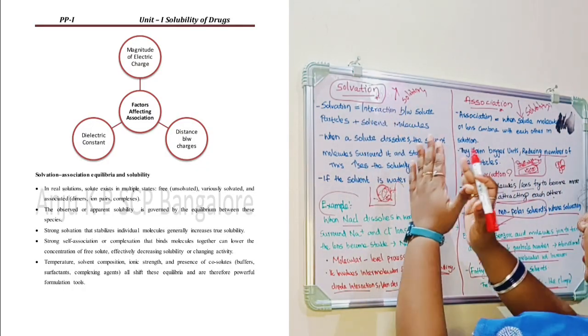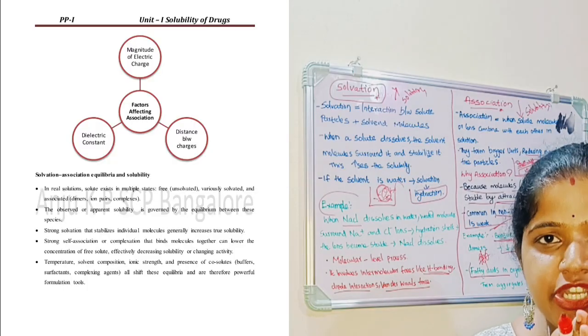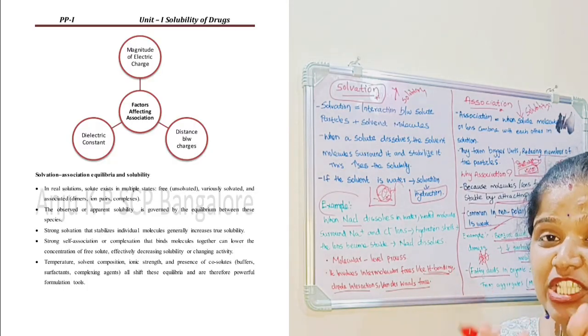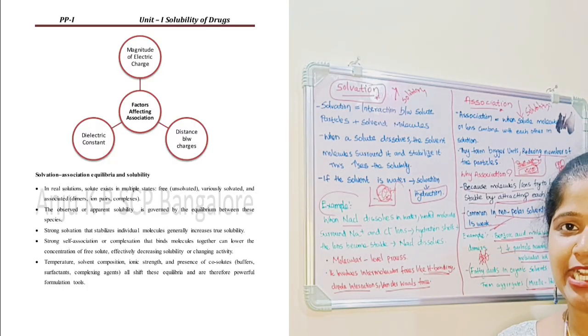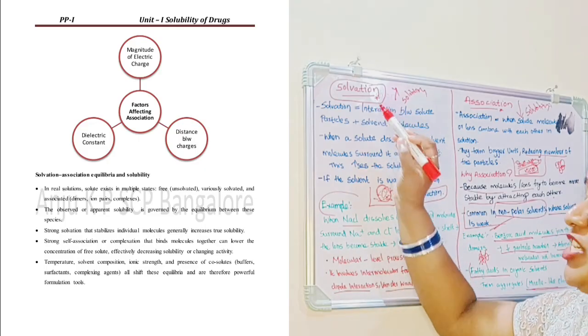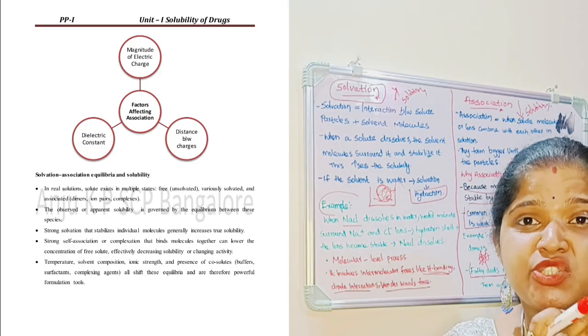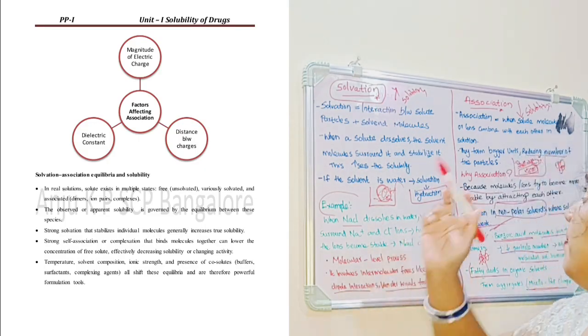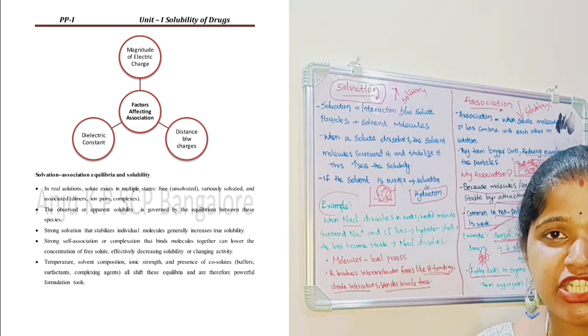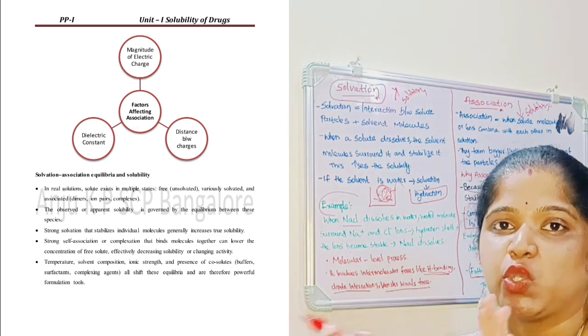This is the difference between solvation and association. The thing to remember is that solvation is the interaction between solute and solvent, but association is the interaction between solute and solute.